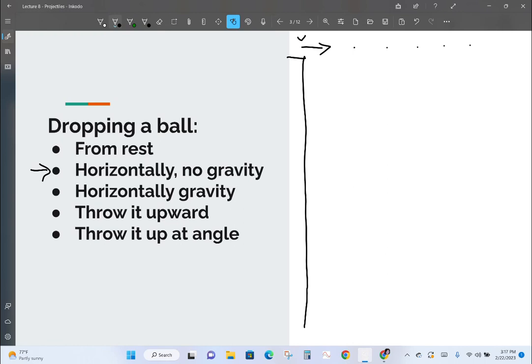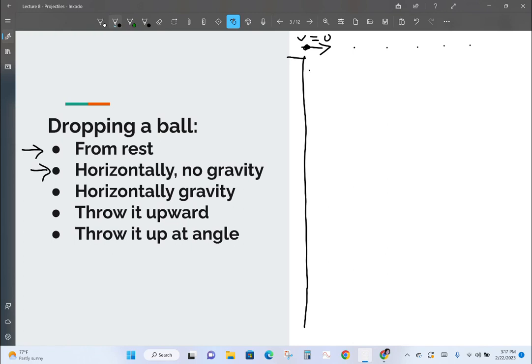What if we instead turn on gravity and we just drop it from rest? If we drop it from rest, then the initial speed is 0, and it picks up speed by negative 9.8 meters per second every second. So it's picking it up in the downward direction.